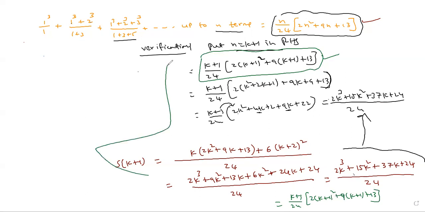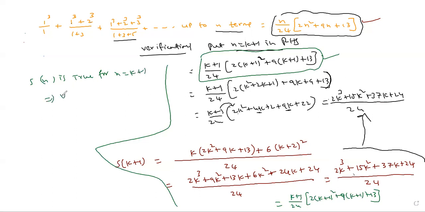Therefore, conclude the question. In conclusion, S of k plus 1 is true, or S of n. You can write S of n is true for n equal k plus 1.